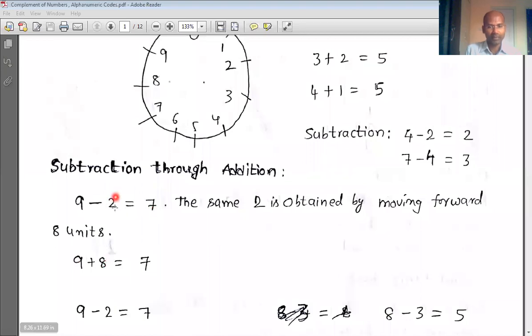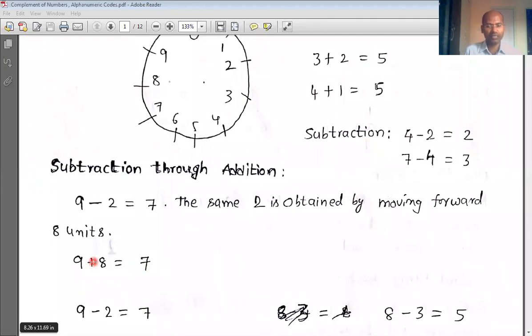The same subtraction, subtracting 2 from 9, is equivalent to adding 8 to 9, which in our normal addition is 17. By dropping out this additional carry, considering only the other digit, our answer is 7.